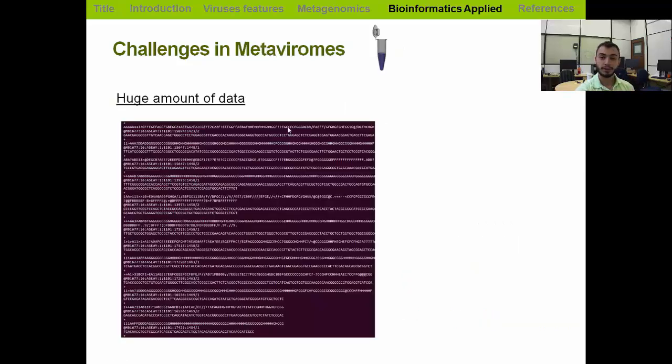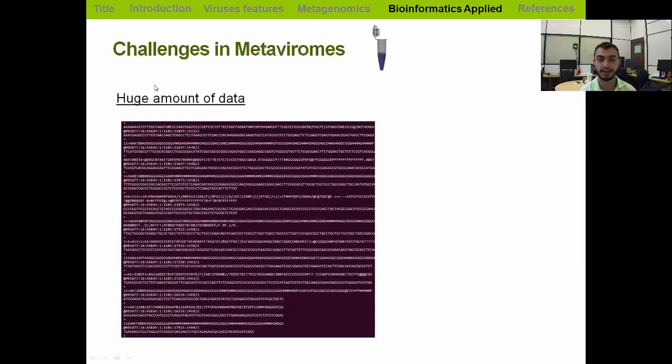There are also problems when dealing with metaviromes, by which I mean metagenomics of purified viral particles, where you are not dealing with a lot of bacterial sequences. Then we have a huge amount of data, which is a problem for all metagenomic studies.